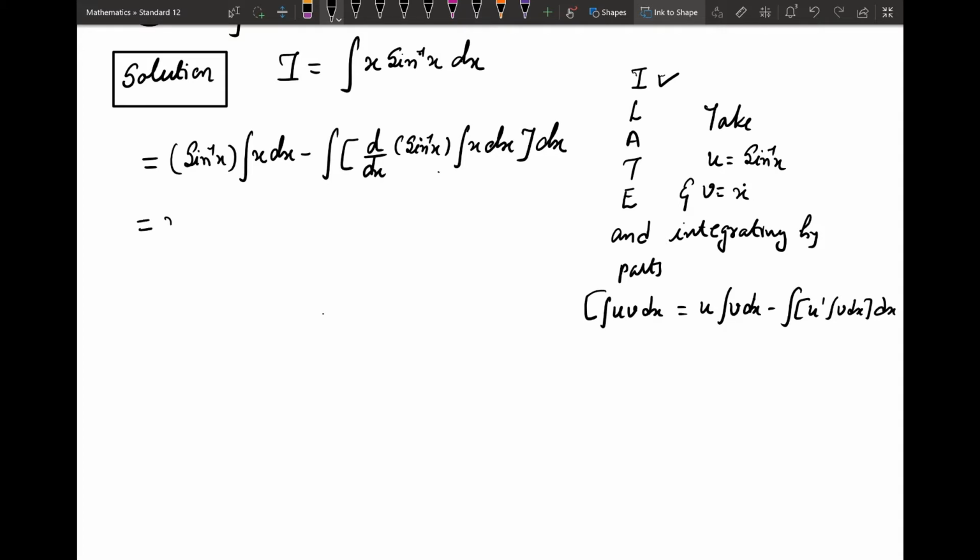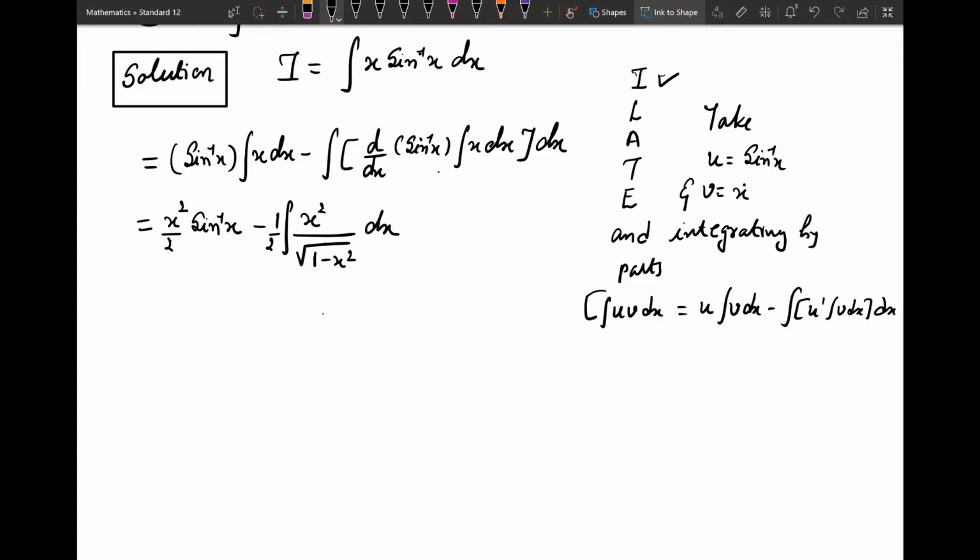So this is x square by 2 sine inverse x minus, x square by 2, so we have written 2 outside, and d by dx of sine inverse x, 1 upon under root 1 minus x square dx.